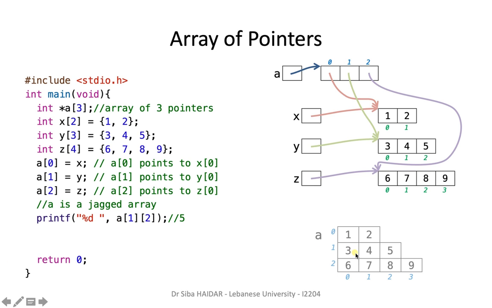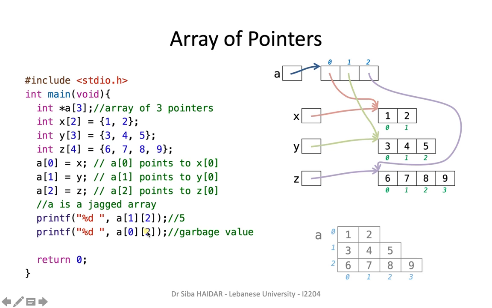I go a of 1, column 2. It will be the element 5. Do I do the same in my real representation? Yes. a of 1, and then I follow the reference, and on column 2 I will reach the element 5.